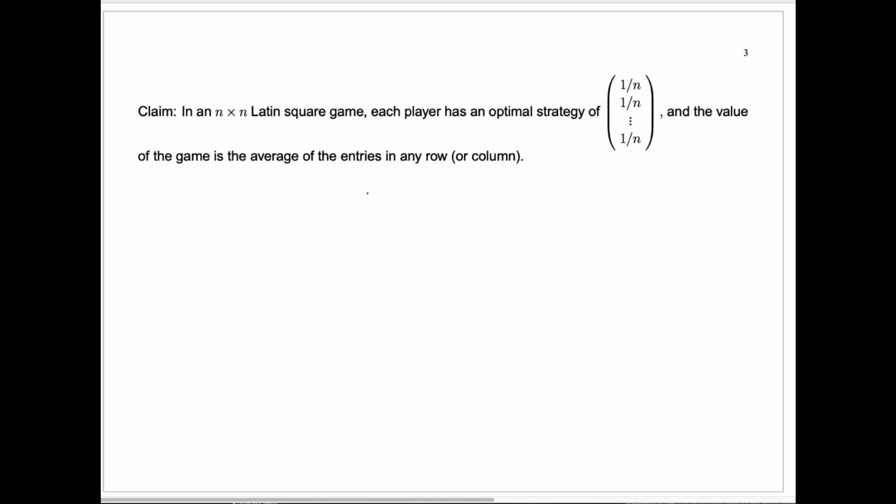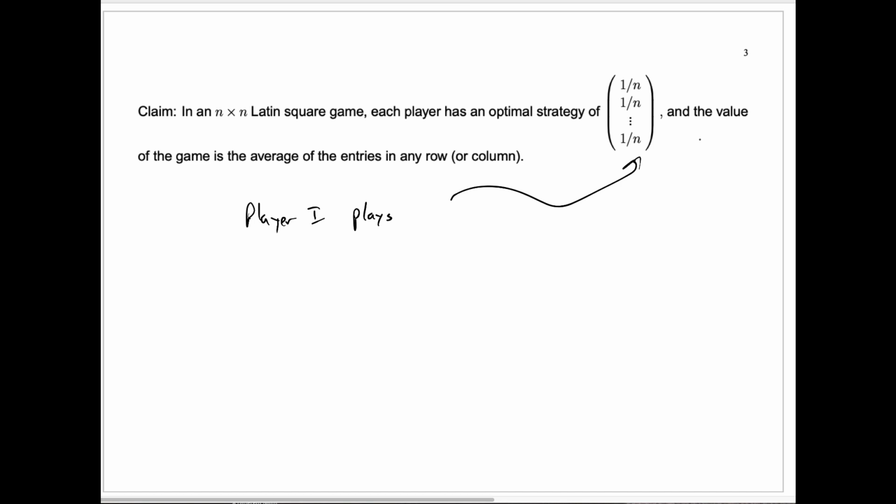Why is that true? Well, let's say we're looking at player 1. If player 1 plays this strategy, then regardless of which column player 2 picks, the expected return will be 1 over n times the first entry in the column plus 1 over n times the second entry, up to 1 over n times the nth entry in that column, which will be exactly the average of the entries in that column.